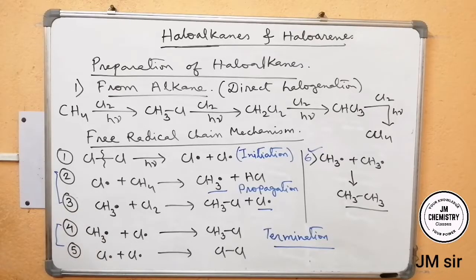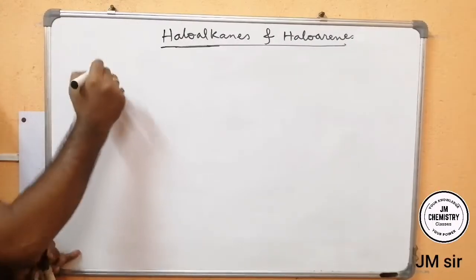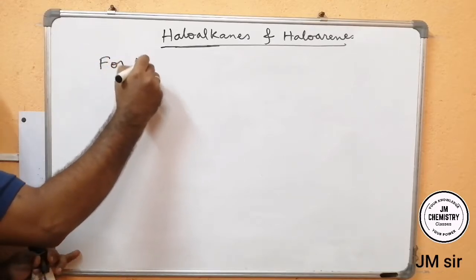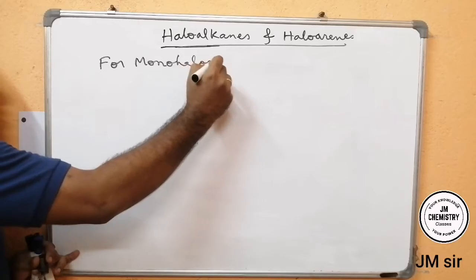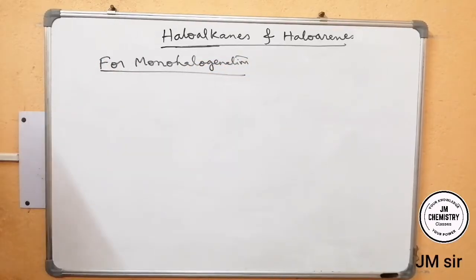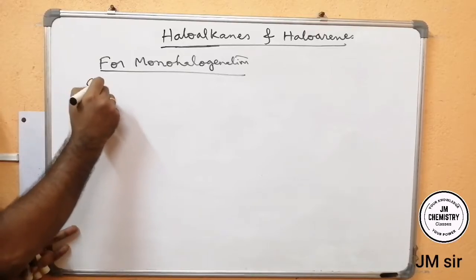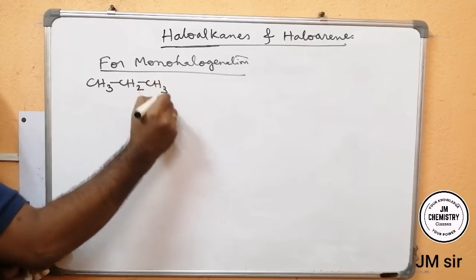Okay, next we will see the reactivity of different halogens towards alkanes and also the selectivity of the halogen for monohalogenation reaction. So for monohalogenation, suppose you are having propane, CH3CH2CH3.